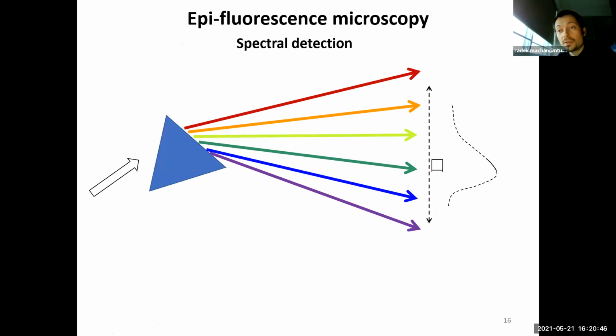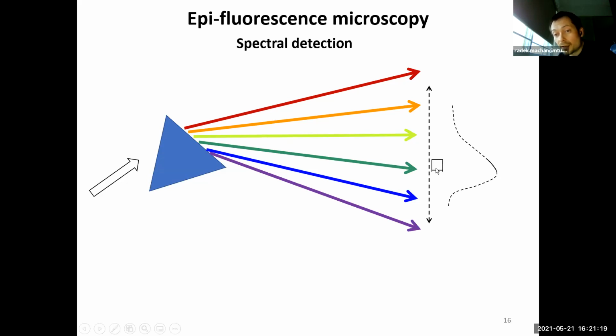In case of confocal microscopes, the more high-end ones typically come with spectral detection. That means I don't have filters which select a certain spectral range, but I decompose the light into individual wavelengths, and then I select which part of the spectrum will reach my detector.